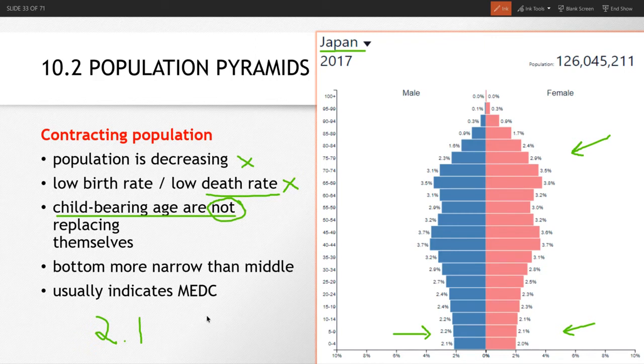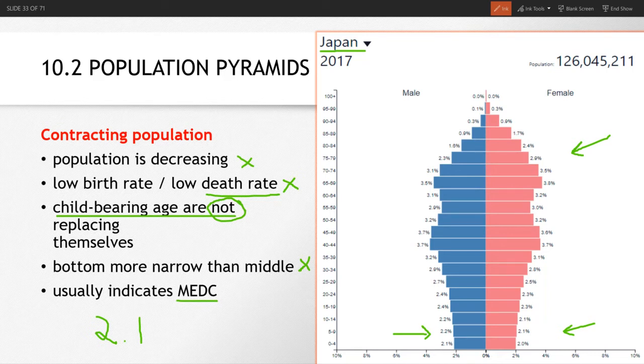So you could have 1.7, 1.6, 1.3. And so these countries are the ones that would be at greatest risk of a shrinking population. And as we said, the bottom of the pyramid is narrower than the middle, which is the big giveaway here. And this is also indicative of an MEDC.